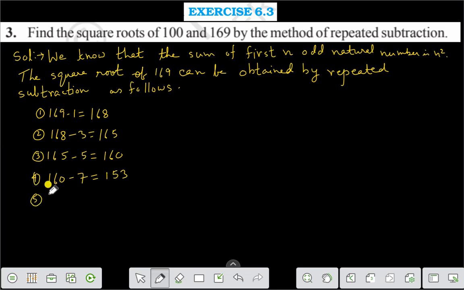Fifth step is 153 minus 9, that is 144. Now sixth step is 144 minus 11, that is equal to 133.